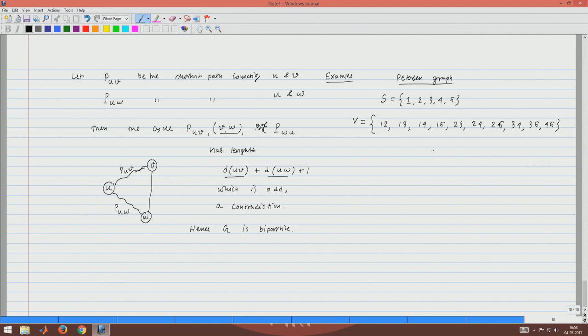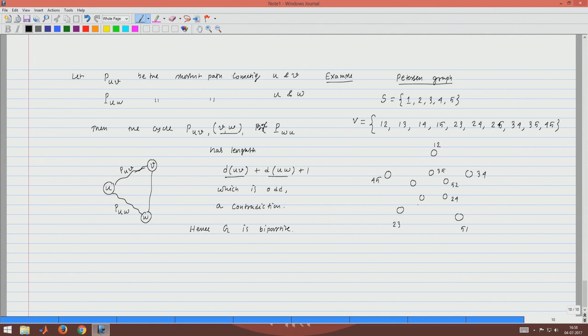Let me draw this graph. This is one vertex, which corresponds to 12. This corresponds to 34, this corresponds to 51, 23, 45, and these are the remaining vertices.